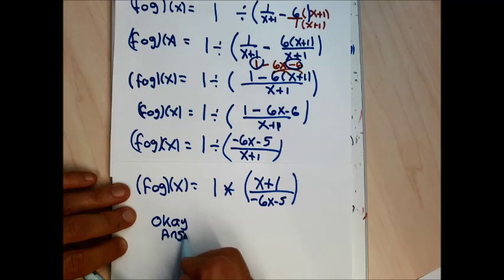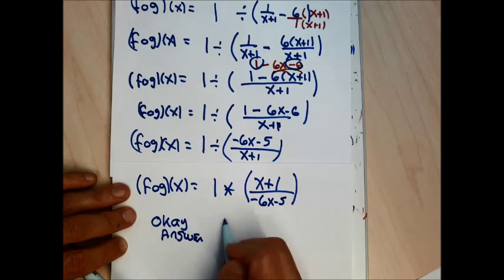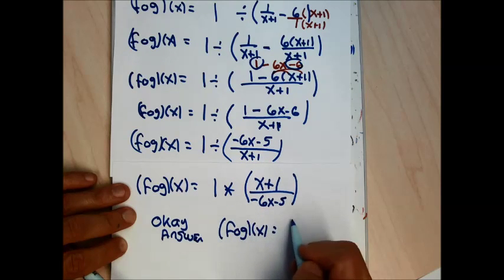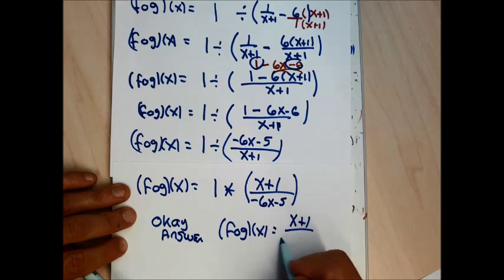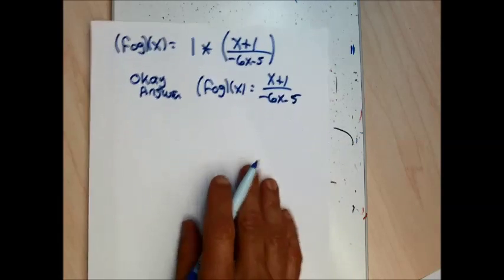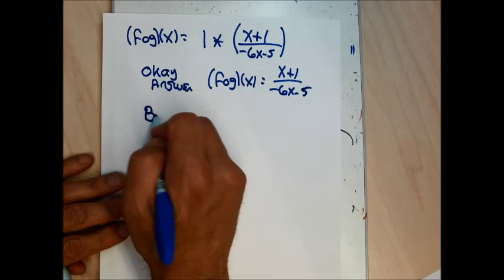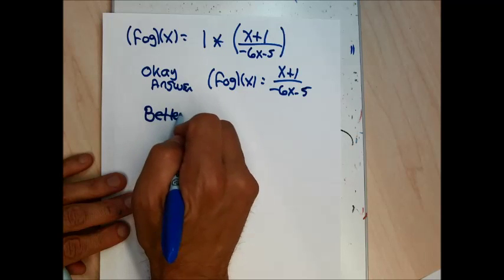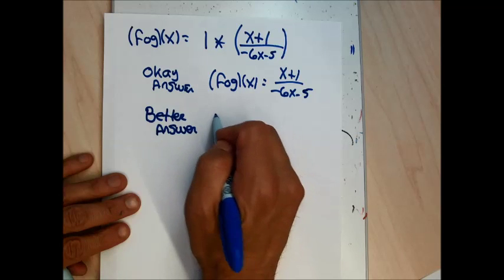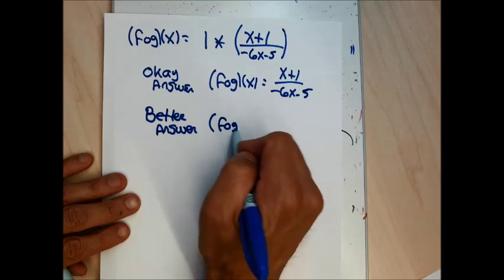So an okay answer to part A would be f composed with g of x equals x plus 1 over negative 6x minus 5. Completely fine. I don't really need to do anything with it. But if you wanted to, a better answer for part A of number 8 would involve factoring out a negative 1 from the denominator.